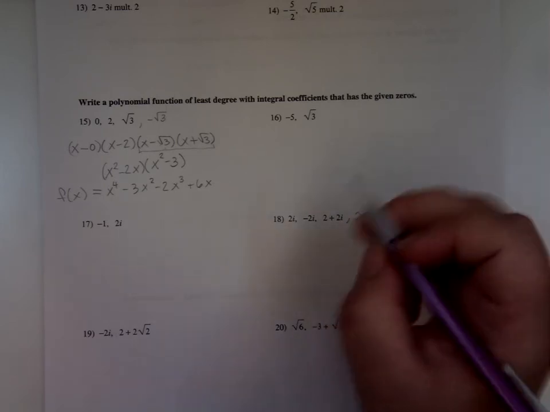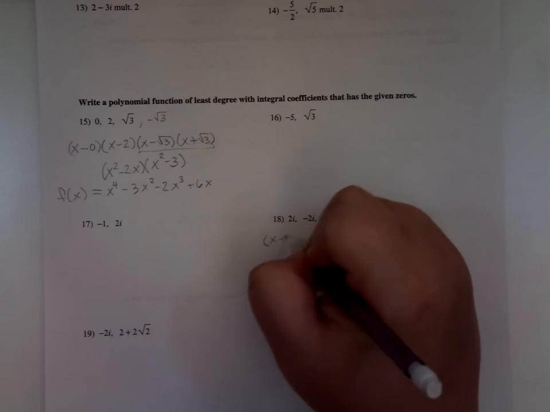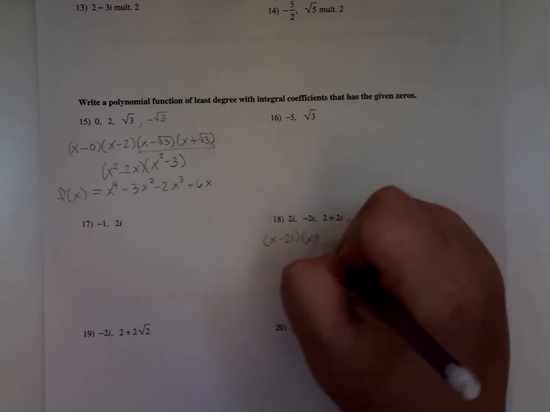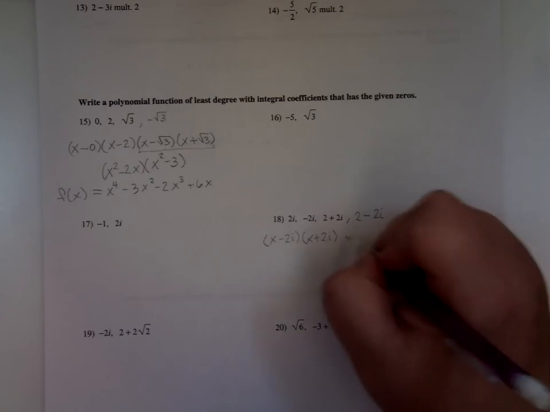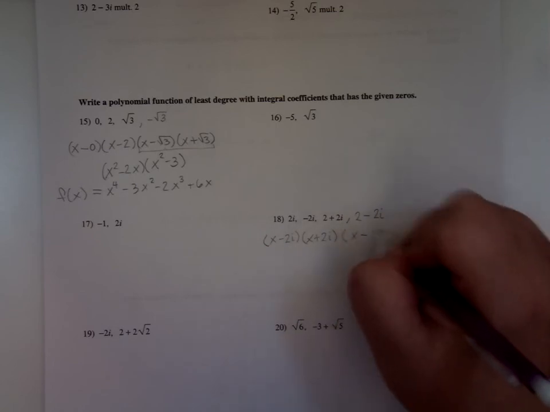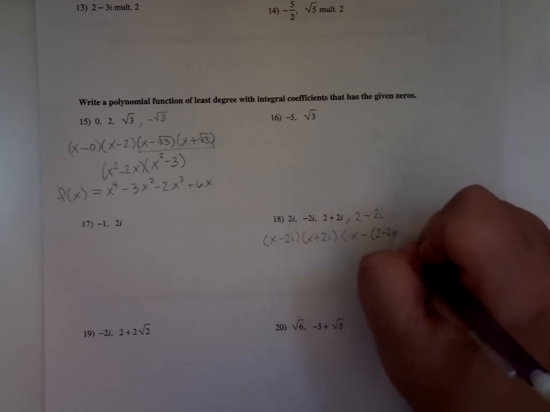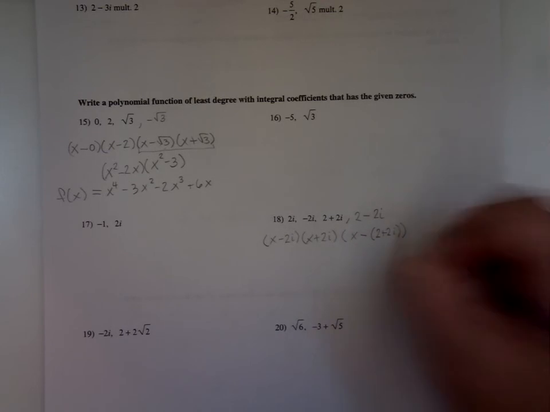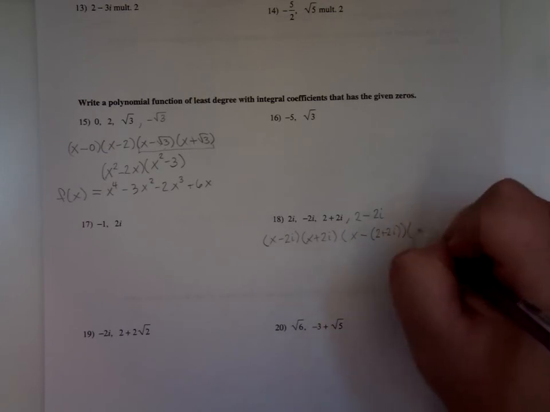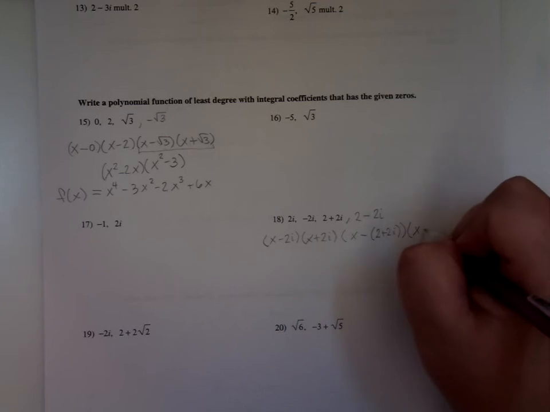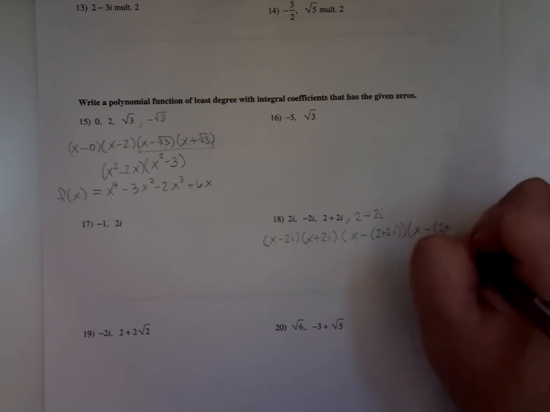We've got x minus 2i, x plus 2i. We've got x minus 2 plus 2i. And we've got x minus 2 minus 2i.